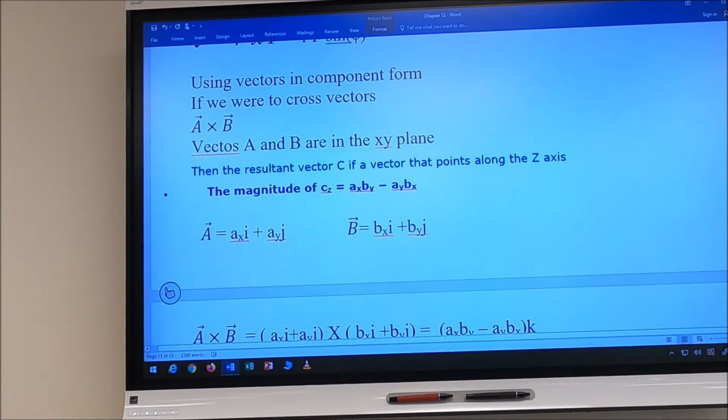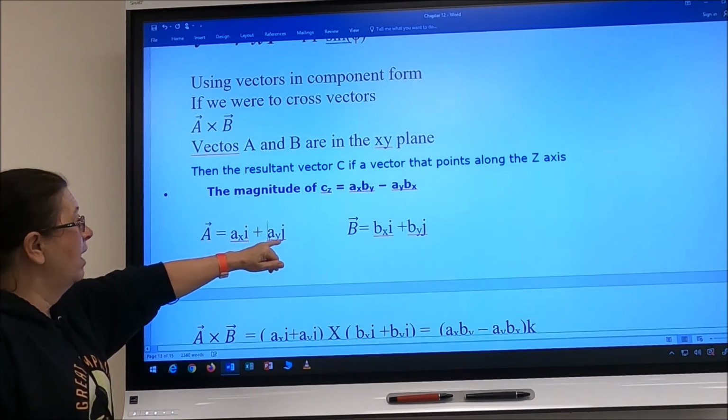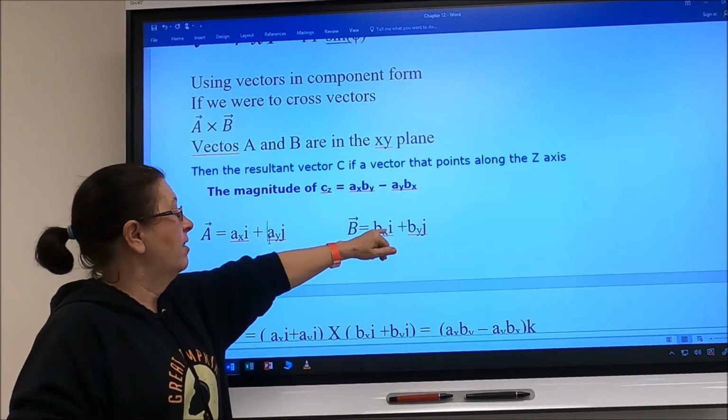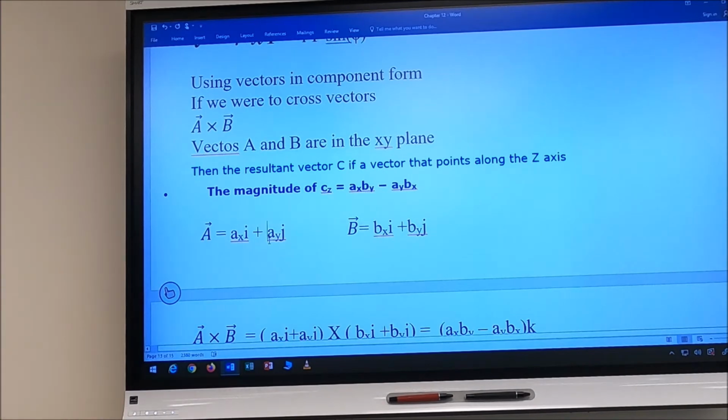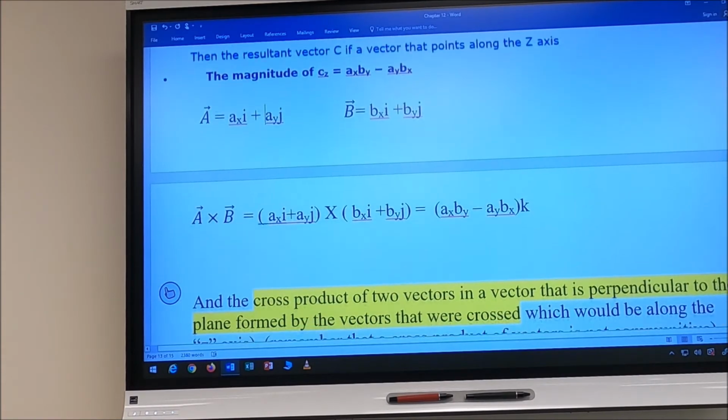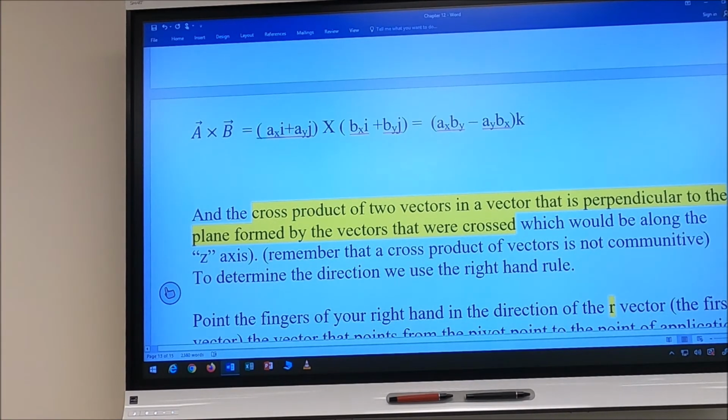If I have the vector A being AX i plus AY j, and B being BX i plus BY j, so when we do a cross product, okay, and you've been doing this in calculus and other classes, A cross B is (AX BY minus AY BX) k.